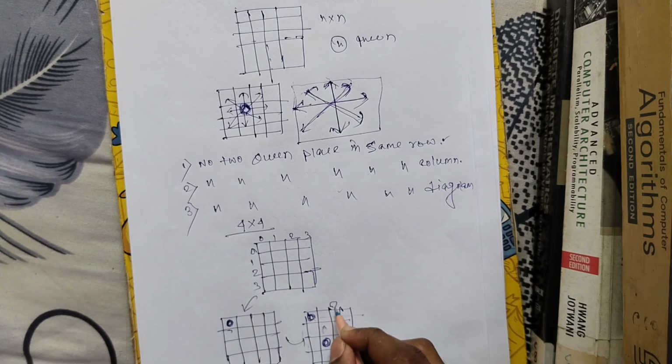And I come here and see: here I place, no, this is the same row. Here, no, this is the diagonal. Here, no, this is the row. Here, no, this is the diagonal. So I backtrack.